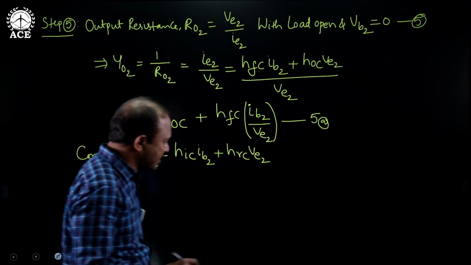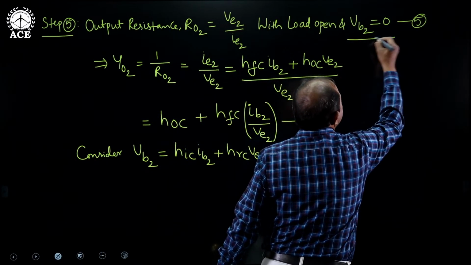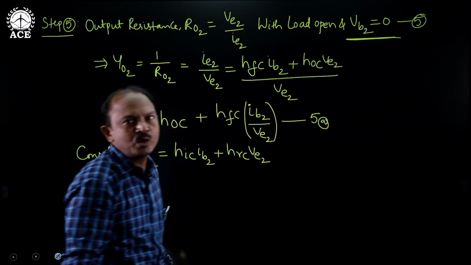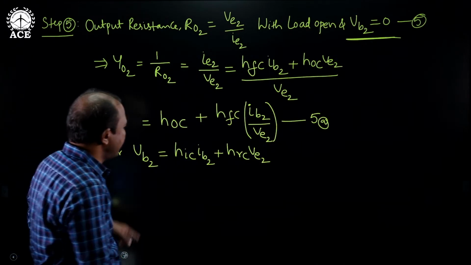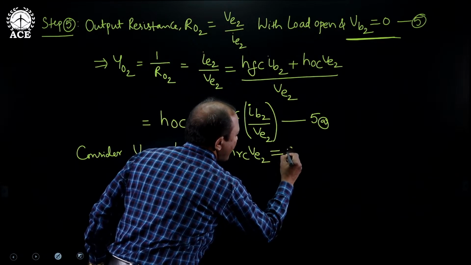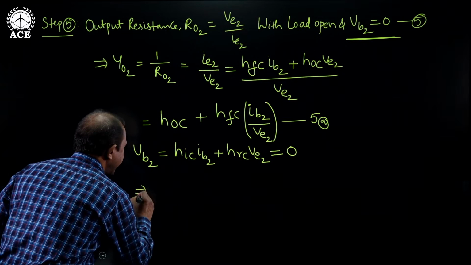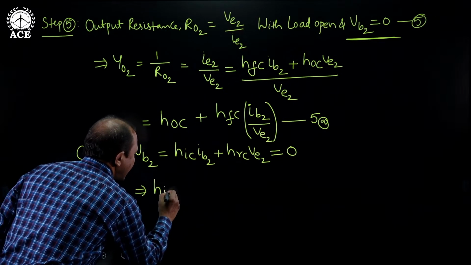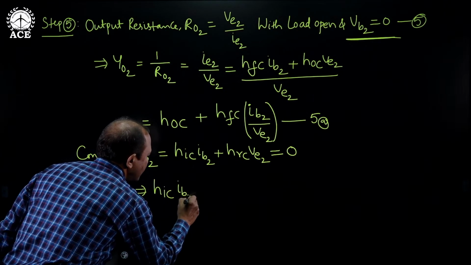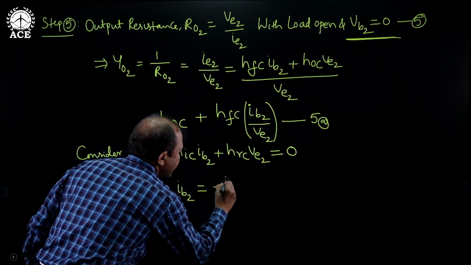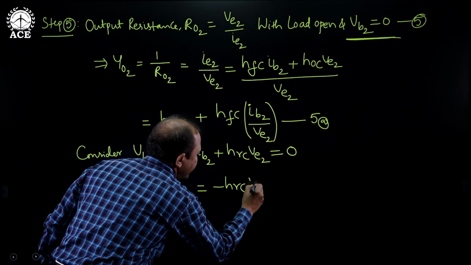But if you carefully observe, one of the important conditions is VE2 equal to VB2 equal to 0. That means this VB2 should be set to 0. From this, we can rewrite this equation as HIC IB2 equal to minus HRC VE2.